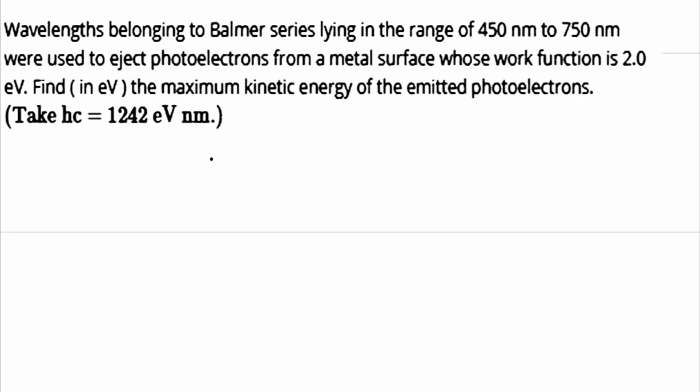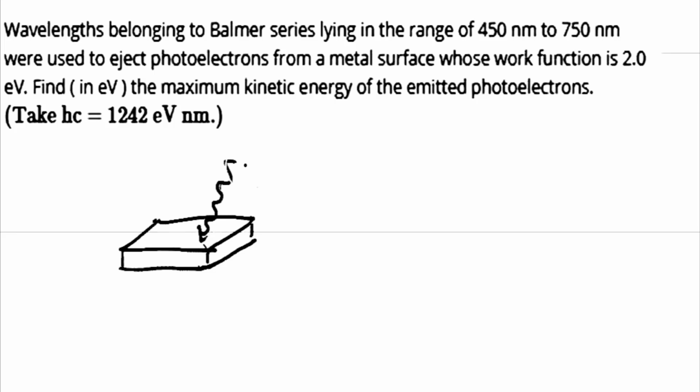So basically it's telling that wavelengths belonging to the Balmer series fall on the metal surface. Let's suppose this was the metal surface and the light is incident on it like this. If the light is incident on it, there will be emission of electrons with kinetic energy. Here it's asking for the maximum kinetic energy.